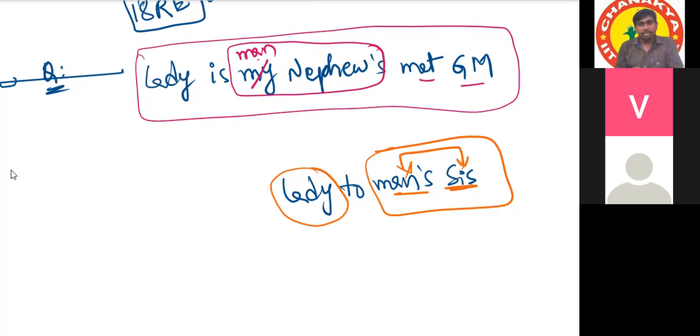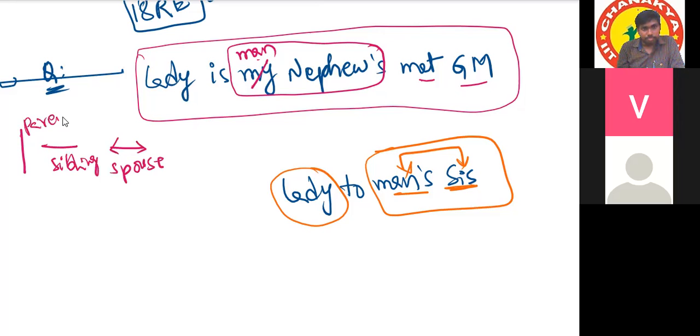Let me draw the diagram. Here I will use three shortcut symbols. I will use a vertical line to represent parental relation, a horizontal line to represent sibling relation, and a horizontal line with arrows on both sides to represent spouse relation. Okay, ready?